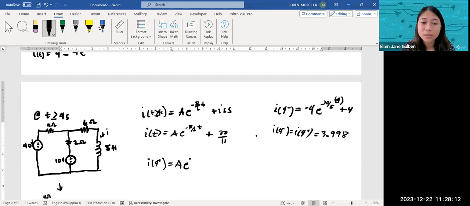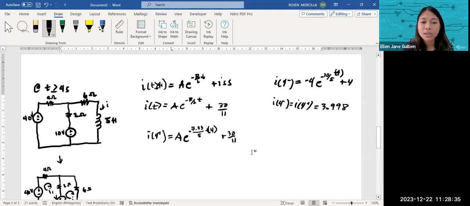7.33. 7.33 over 5t, which is 4. 5t is 4. I mean, t is equal to 4 seconds plus 30 over 11. Okay, how much is this? I at 4 plus is 3.998.